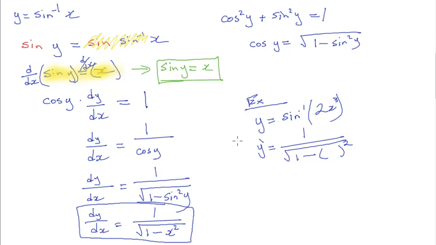So in this case it was the x, in this case it's 2x cubed. And then that has to be multiplied by the derivative of this part here, which is the chain rule. So the derivative of 2x cubed is 6x squared. So that's using that rule.